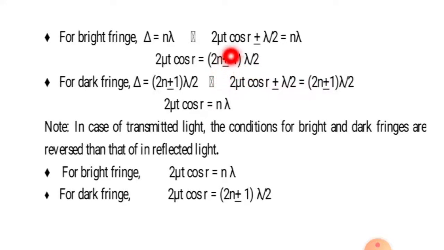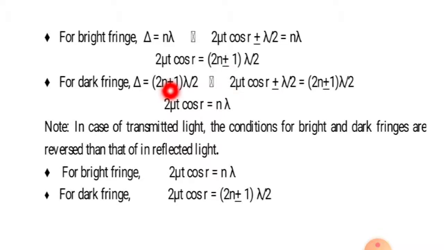This is the condition for a bright fringe in thin films. Whatever the wavelength superimposing, we get maximum intensity, that is, the thin film will appear bright.